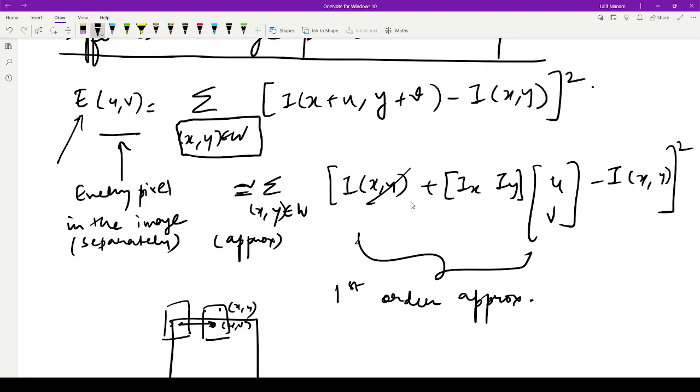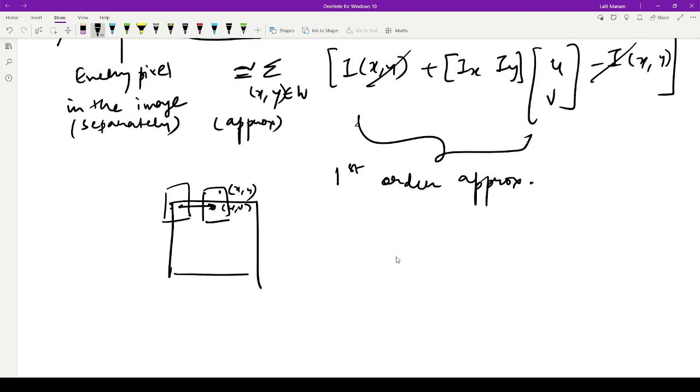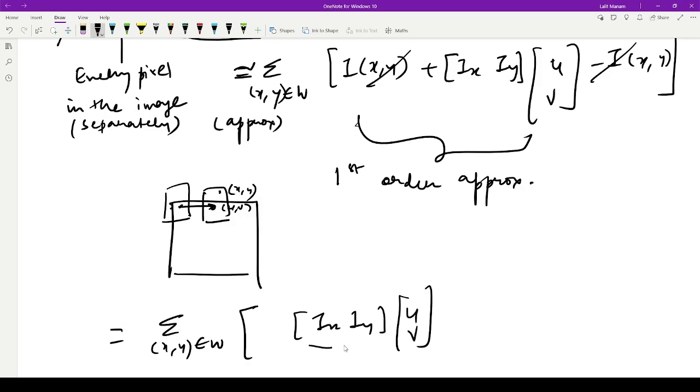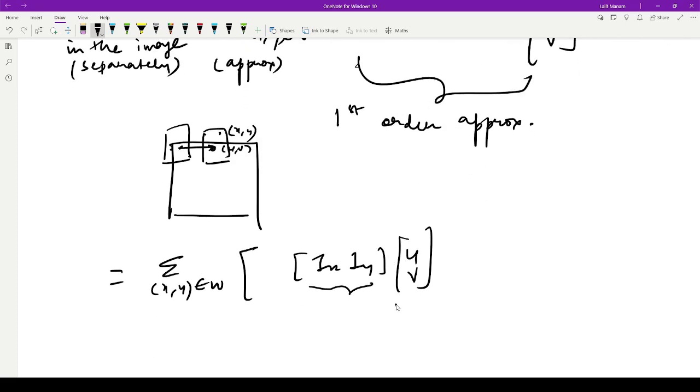And given this, we can easily cancel these two things out, which gives us Ix, Iy, and u v. So this is a matrix of 2 cross 2, and this is 2 cross 1.